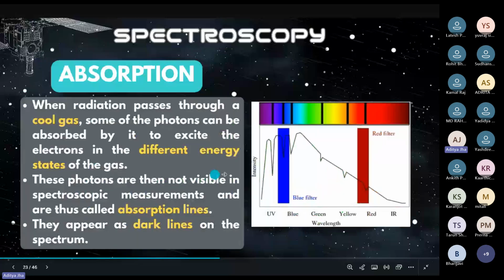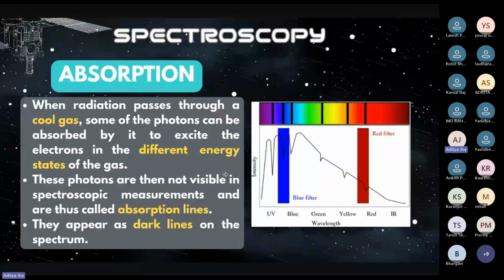And then there is an absorption spectrum, which is when radiation passes through a cool gas. Some of the photons can be absorbed by it to excite the electrons in the different energy states of the gas. So if some radiation is passing through and there's a gas in front of it, that gas can absorb some of the radiation to excite its own electrons to different energy states, and then you won't be able to see those photons in whatever device you're using to study the spectrum.